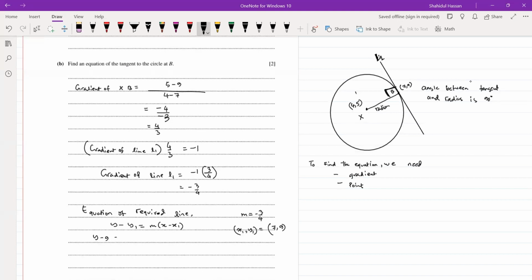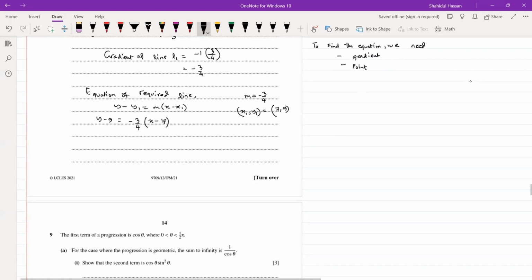So y minus 9 equals minus 3 by 4 times (x minus 7). This gives y equals minus 3 by 4 x plus 21 by 4, and minus 9 taken to the other side is plus 9. So y equals minus 3 by 4 x plus 21 by 4 plus 9. 21 over 4 plus 9 is 57 by 4. That should be the equation of the tangent line.